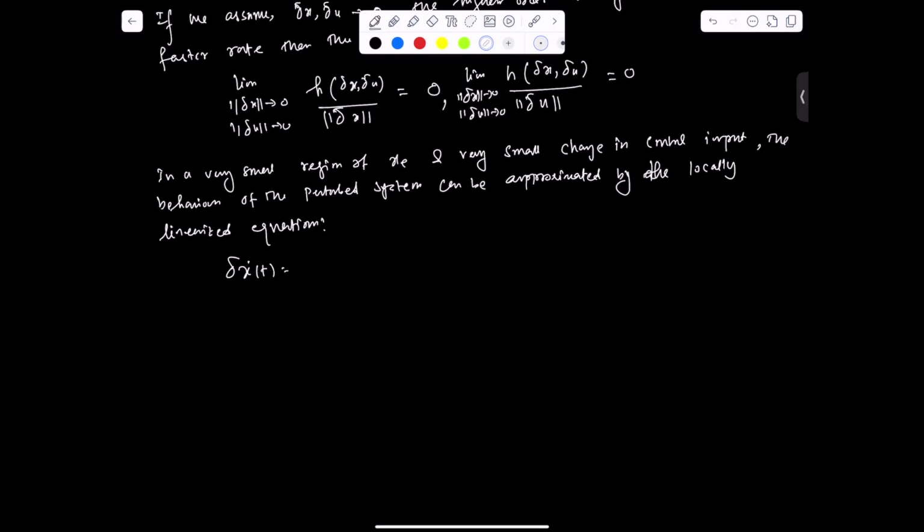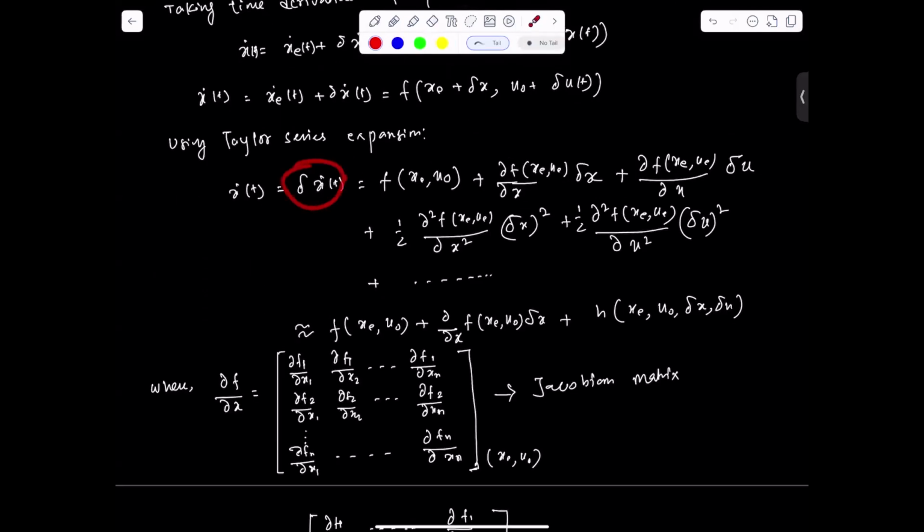So here we can write this expression equal to this expression. And this expression is going to be 0 because at the equilibrium point this function will satisfy it.